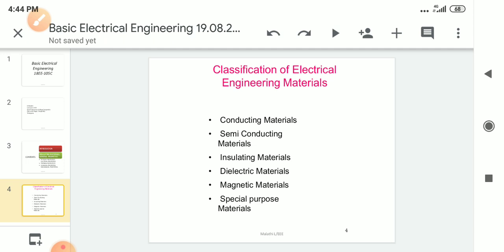So insulating materials are very much used. Without proper insulation, we can't use conducting materials. These insulating materials offer very high resistivity, 10 to the power of 12 to 10 to the power of 18 ohm meters, to obstruct the flow of electric current without any power losses.